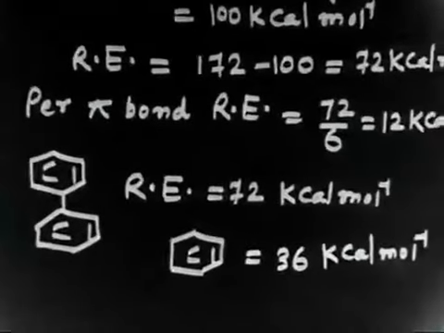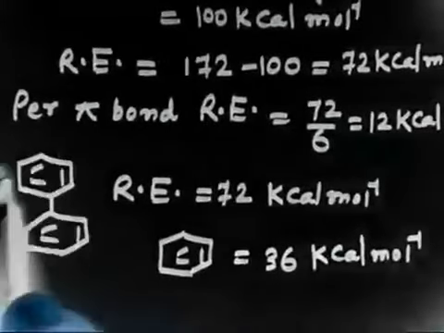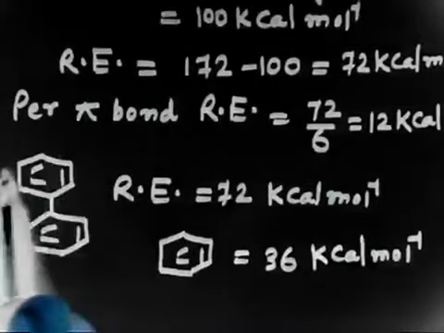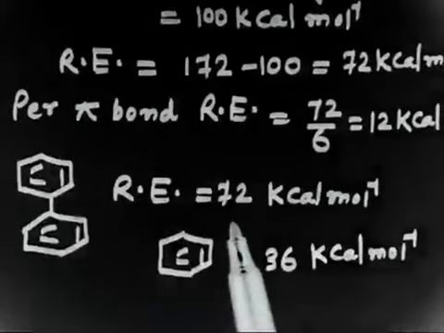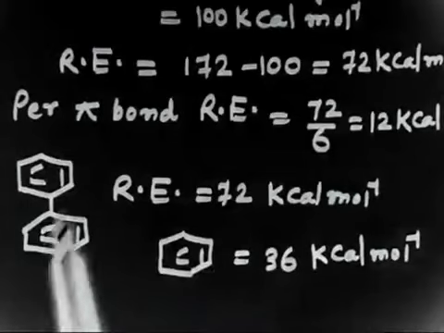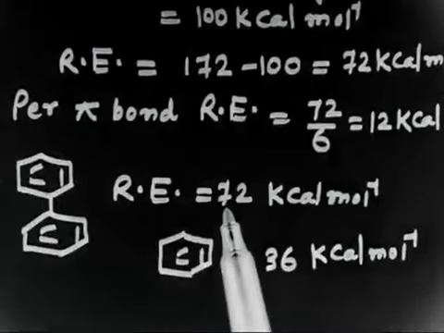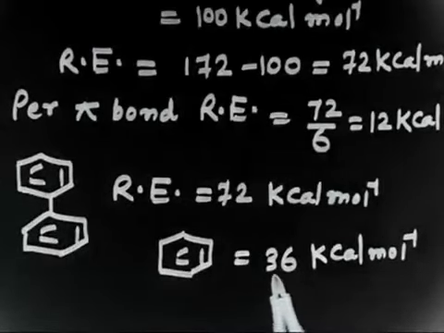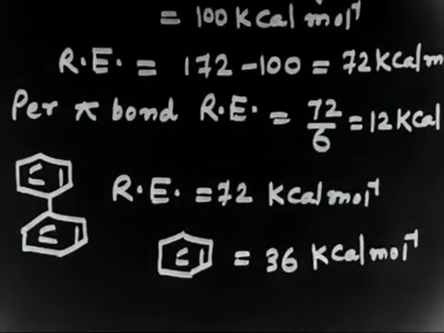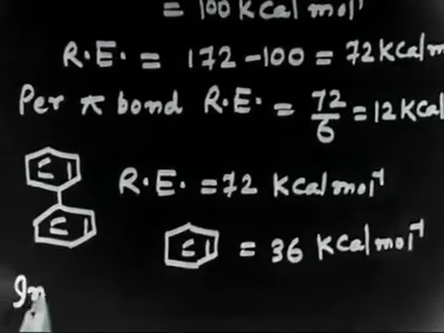Now if I compare these two, you see here you have 2 benzene rings. In biphenyl, the resonance energy is 72, so per benzene ring the resonance energy is 36, that is the same as the resonance energy of benzene. Are you getting?